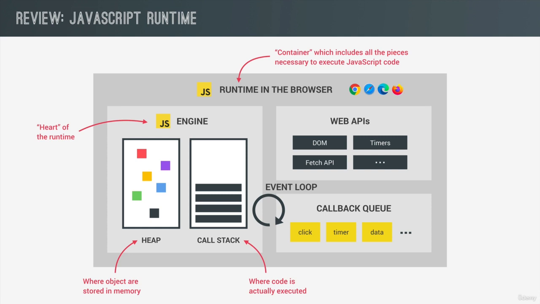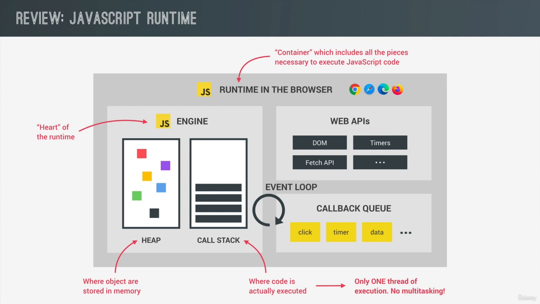Now, what's important to note here is that JavaScript has only one thread of execution, and so it can only do one thing at a time. There is absolutely no multitasking happening in JavaScript itself. Now, other languages like Java can execute multiple pieces of code at the same time, but not JavaScript.